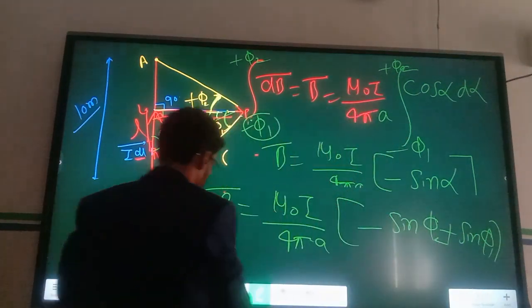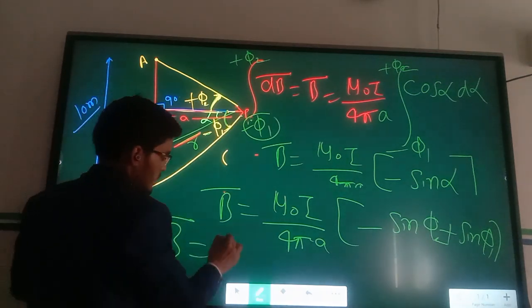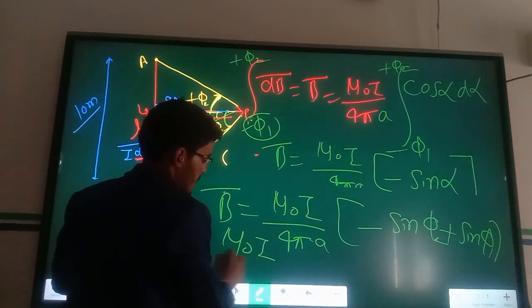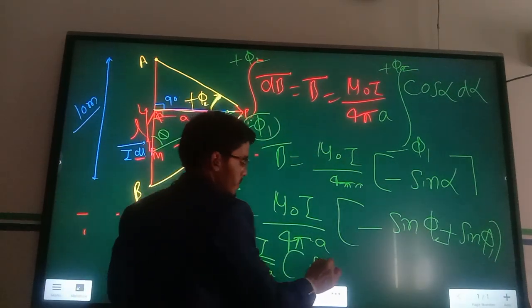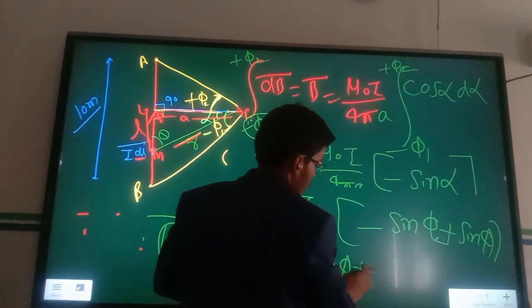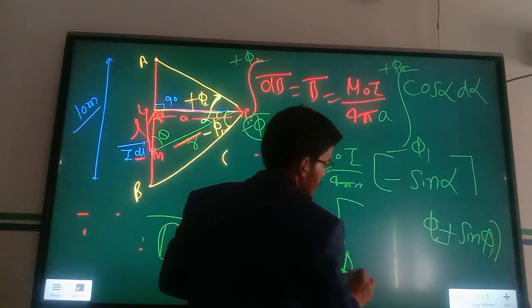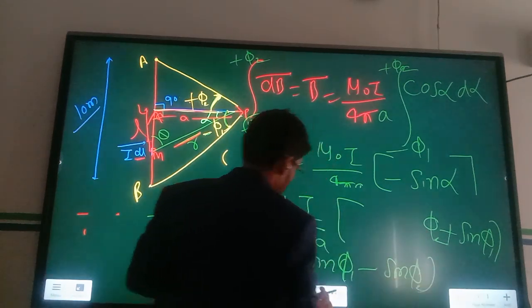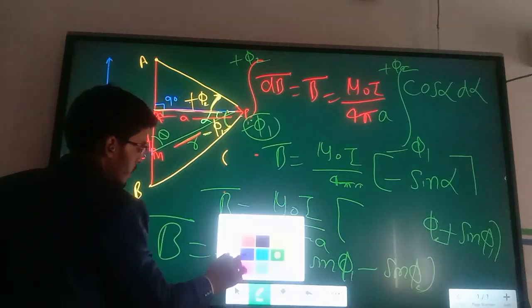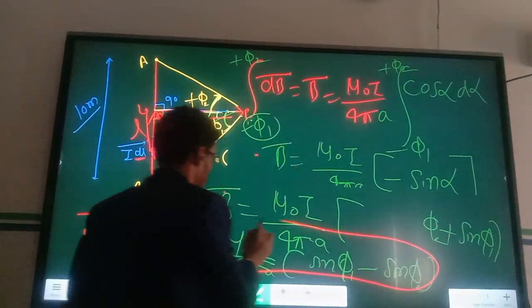Now the magnetic field equals mu naught I upon 4 pi a, sin phi 1 plus sin phi 2. So this is the formula for calculating the magnetic field due to a straight wire.